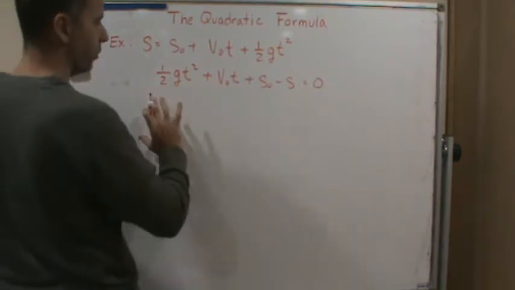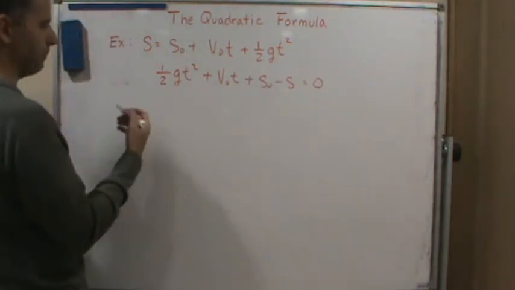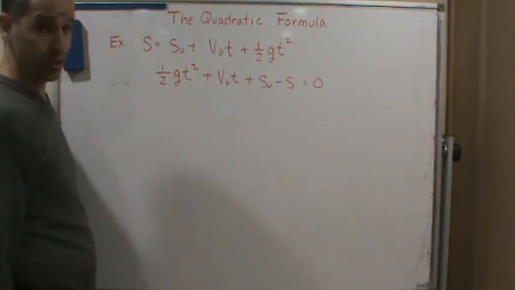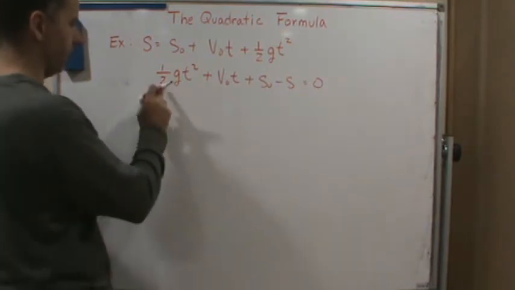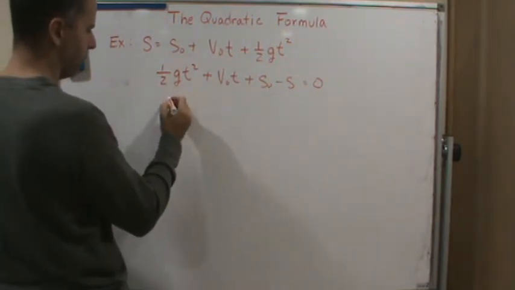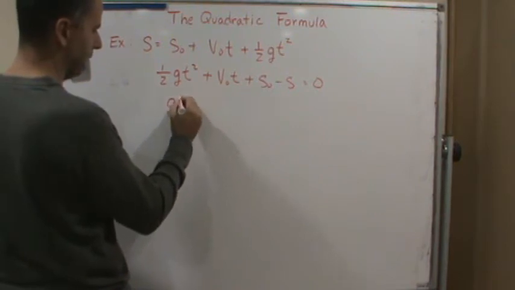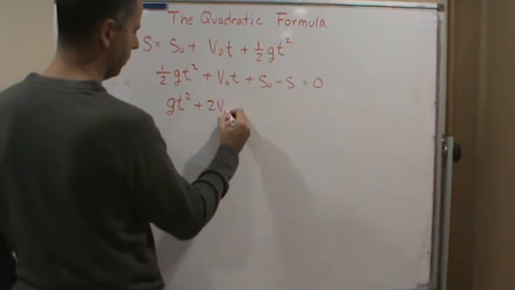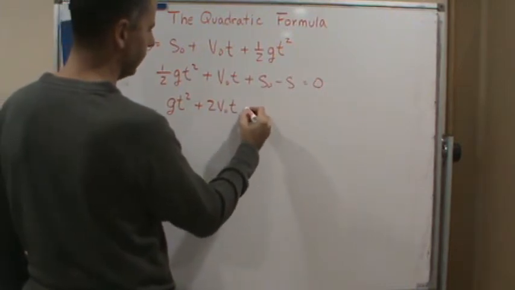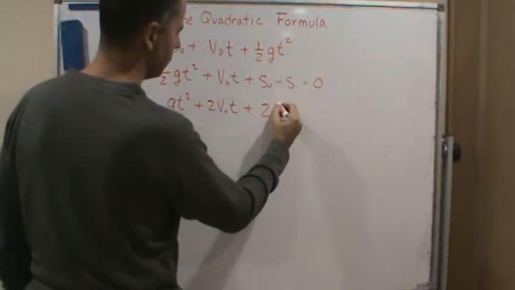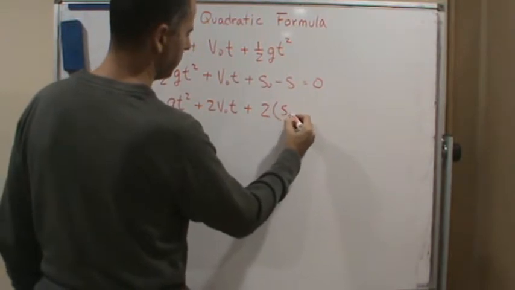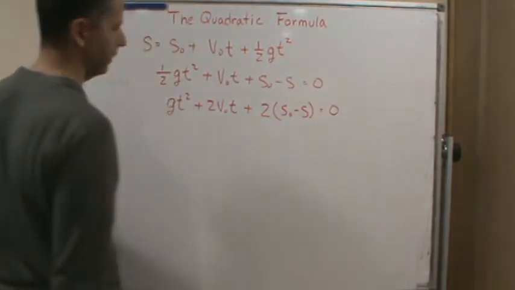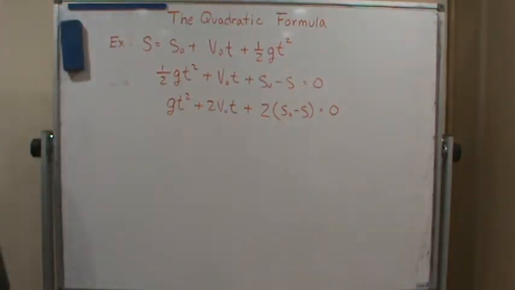We're going to use the quadratic formula, but we've got to remember what a, b, and c are. But before we do that, I'm going to multiply everything by 2 to get rid of the fractions. So I'm going to make this g t squared plus 2 v0 t plus 2 times s0 minus s equals 0. Okay?